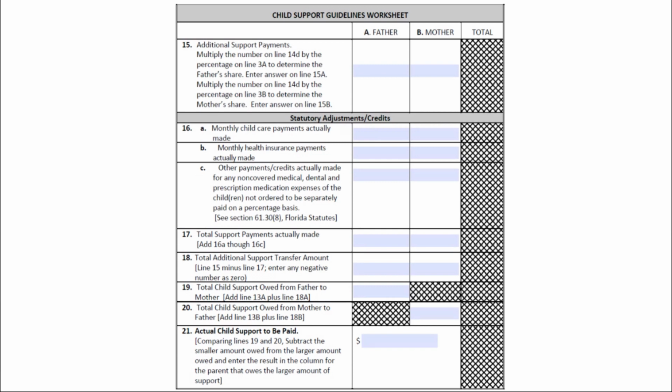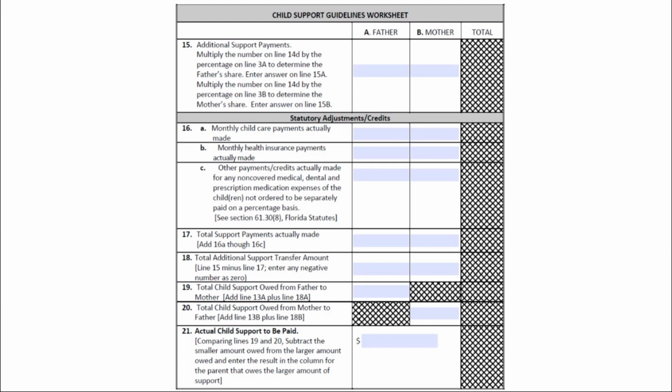Make sure to add 16A through 16C for each party and put that number for each party as a total in the space provided in line 17A and 17B respectively. Once you have this number for each party, you will be able to determine any total additional support transfer amounts.